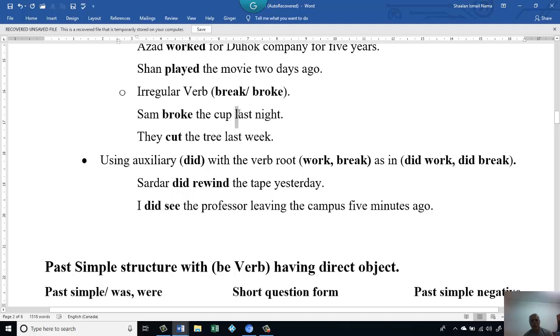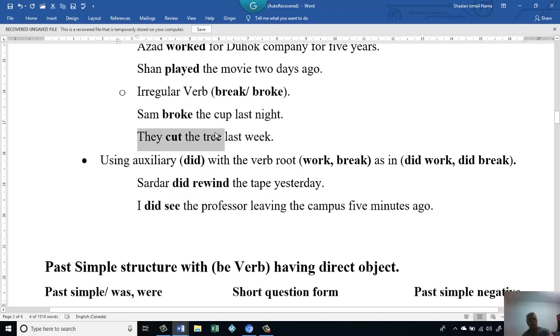Here we have two indications this has happened in the past. First, the time frame, or the adverb of time, we have last night. Then the second thing, the verb here is broke, which is in the past, the past of break. But maybe we have a problem here sometimes. Maybe we have a sentence like this.